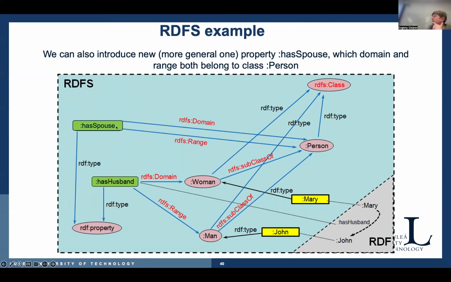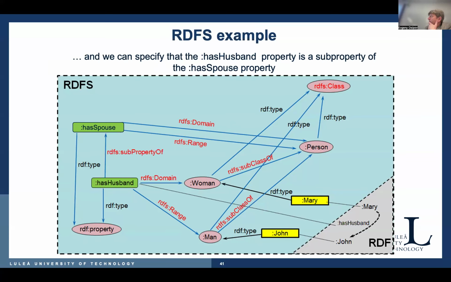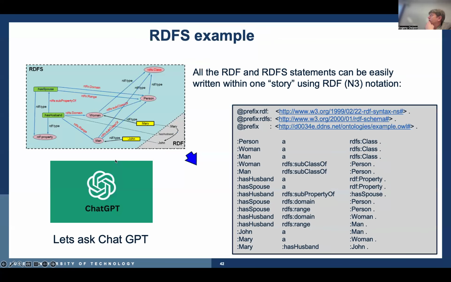We can define as many properties as we want, whose domain and range would be persons, and they all belong, you see, to a generic property at the end. And we can specify the relation between the properties. So that's what ontologies are all about.